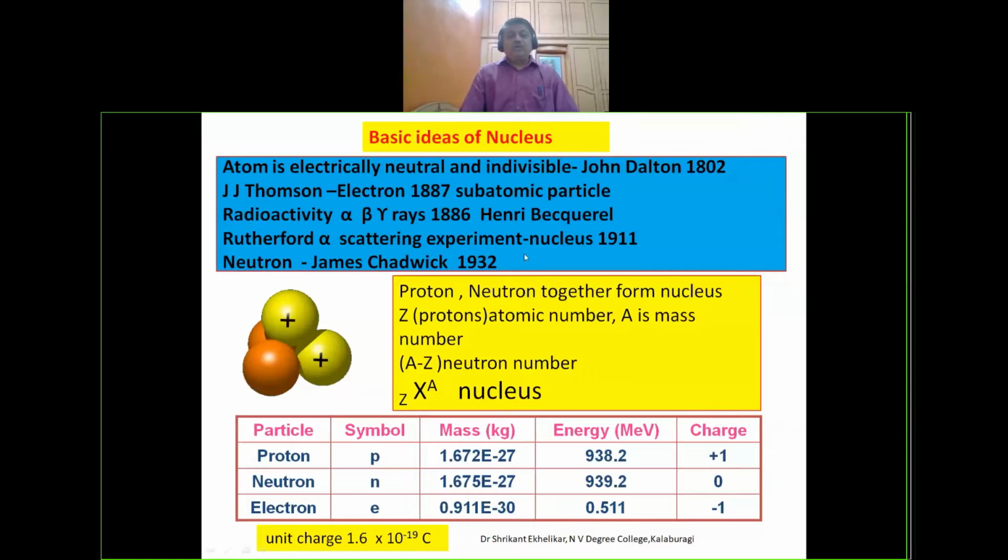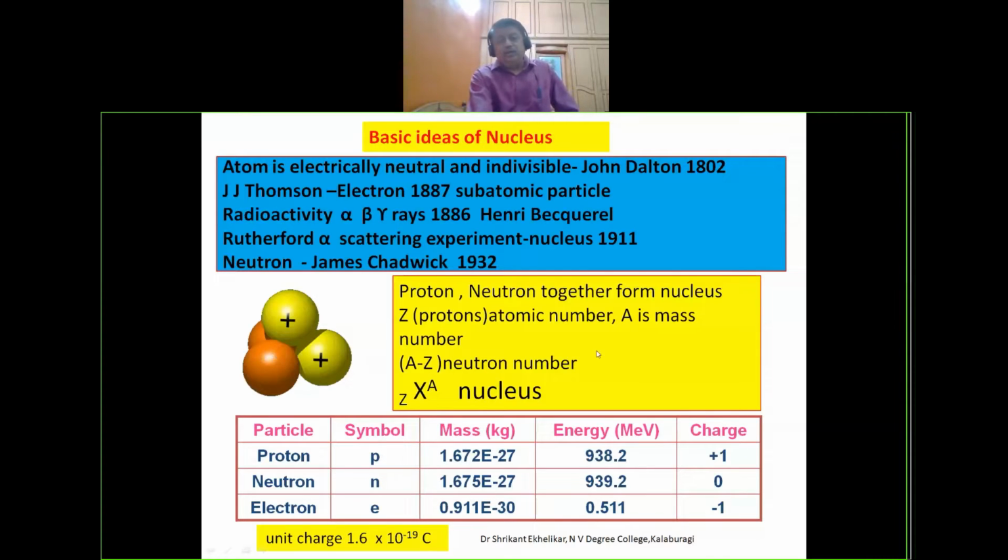Meanwhile, the neutron was another subatomic particle, discovered in the year 1932 by James Chadwick. If you look at the nucleus, it consists of positive protons and neutral neutrons.